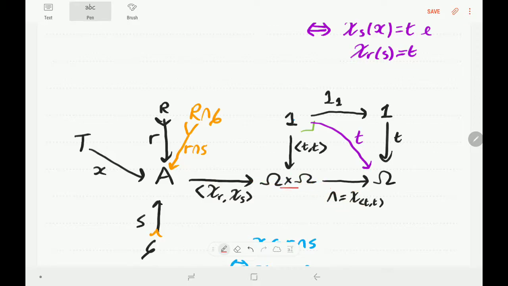And then if we do this AND operation, composing these two horizontal arrows, we get chi of R and chi of S. And we're saying that doing that arrow on this generalized element, or T element X of A, is going to give true if and only if doing chi of R on X is true and doing chi of S on X is true.